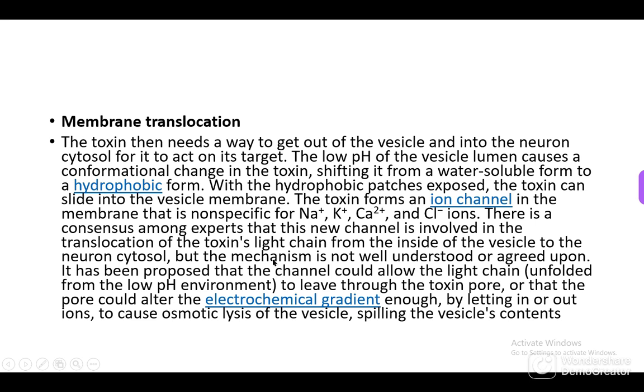Because of disturbances of these cations or anions, the mechanism is not 100% perfectly understood, but the end result is that the electrochemical gradient will be formed enough, and this will produce contraction and contraction and contraction.